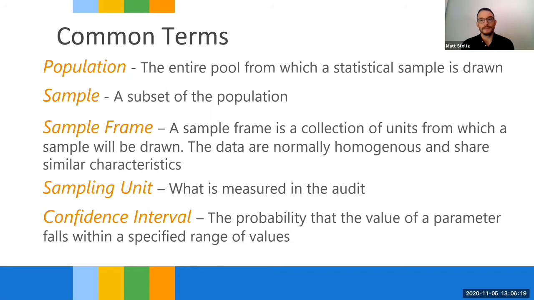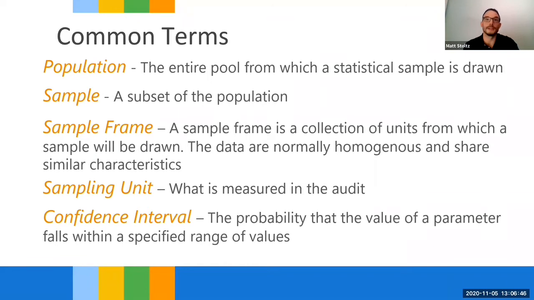The frame, which is, as you can read, a sampling frame, a collection of units from which a sample is drawn. The data is normally homogeneous and shares similar characteristics. For instance, in developing a sample, a frame could be the date range that you're going to be looking at, or the specific level of care, or for providers with multiple locations, a location-specific.